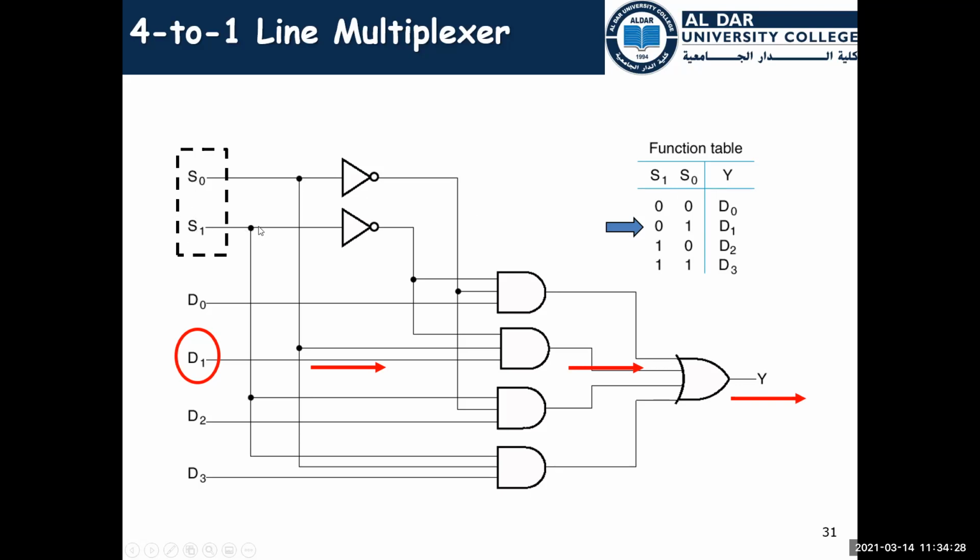This is going to enable that one and disable the others, and the 1 will appear on the output. Repeat again: I told you to enable multiple AND gates, this is not correct. Only one gate will be enabled at a time.